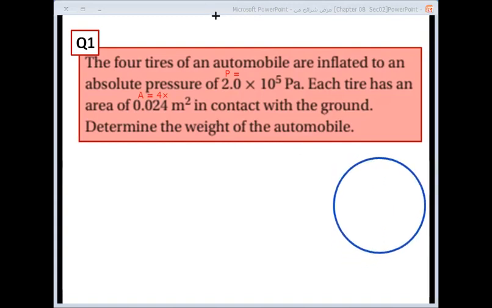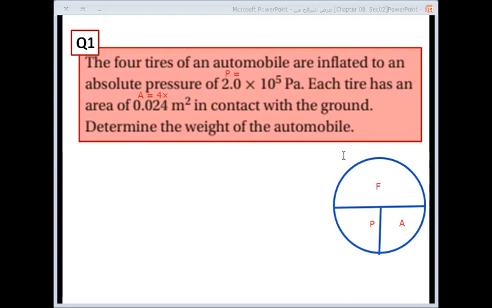The weight is what? Let's remember the formula. The formula says P equals F over A. So here we put F because it's up, and here P, here A. We want to find the weight.